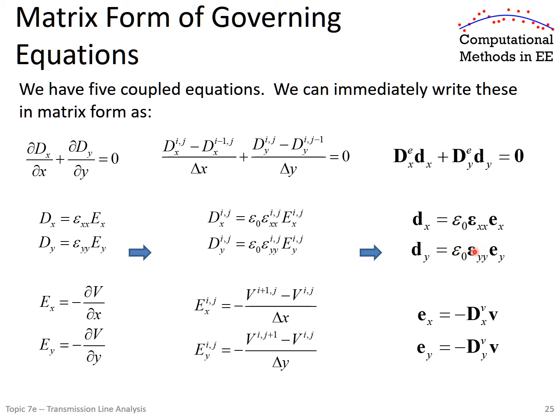These epsilons are also square matrices. They're doing a point-by-point multiplication onto the electric field column vectors. And then finally down here we have our derivative matrices for the scalar potential. And hopefully from the last lecture, we're comfortable now having different derivative matrices for our different functions due to the staggering on the grid.